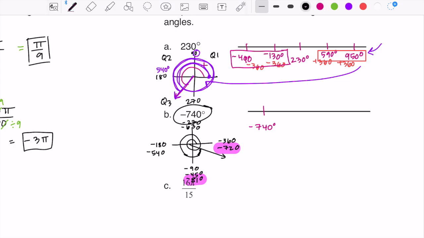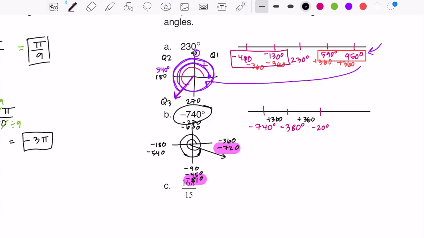So the first thing I'm going to do is add 360. When I add 360 to negative 740, I end up with negative 380, which is still a negative angle. And then I'm going to add another 360, which gives me negative 20, still a negative angle.